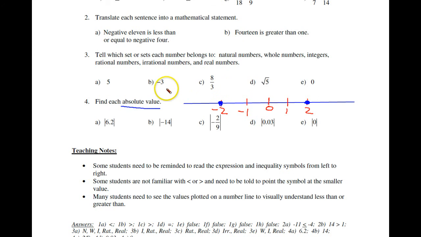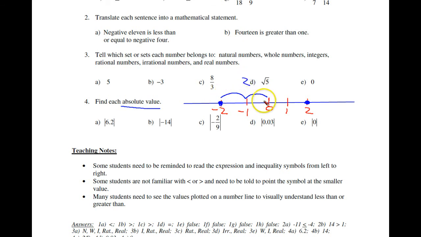And to determine this, we use positive numbers. Because if we count the number of units -2 is from 0, there's one number, that's positive. There's a number, that's positive. It is 2 units from 0.